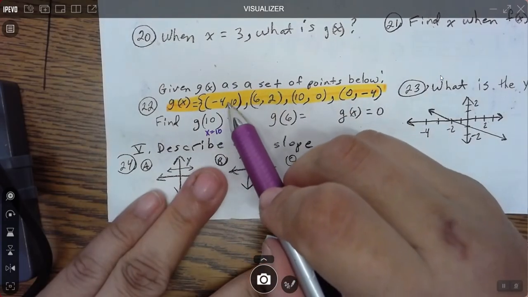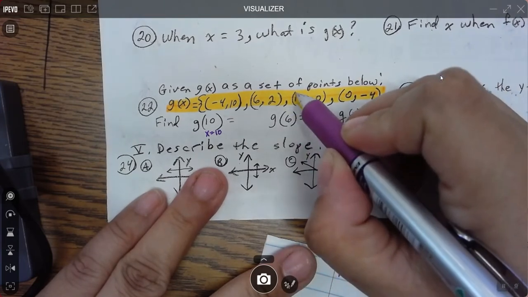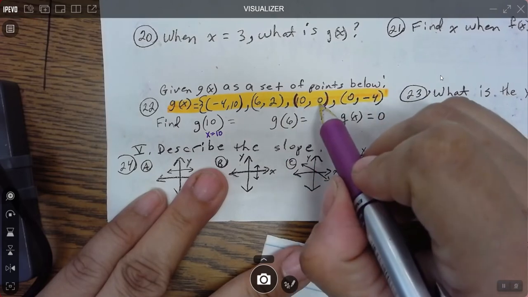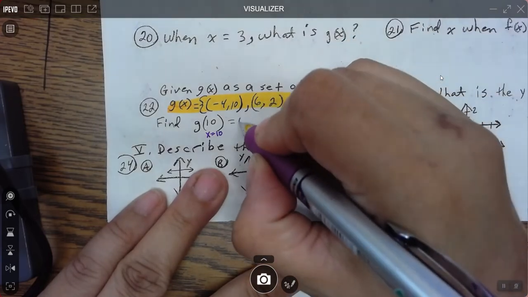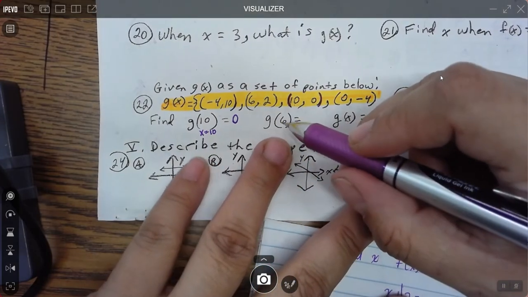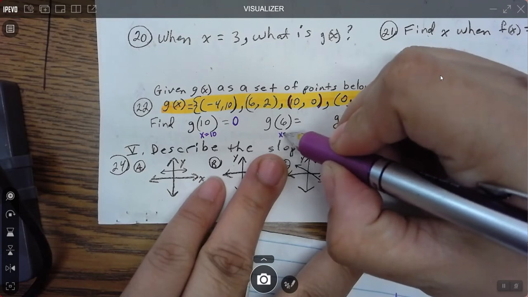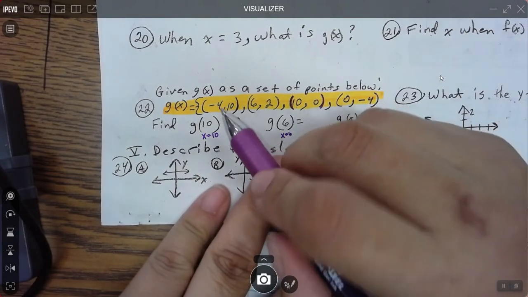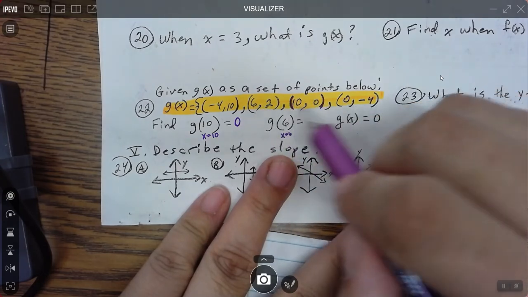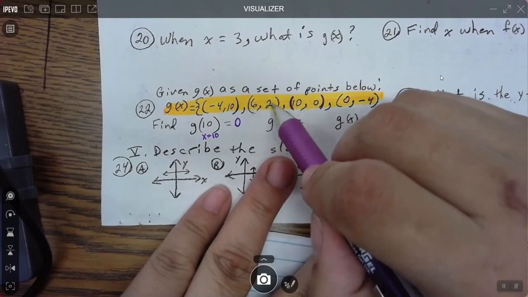So which of these points have an x value of 10? So it's going to be this one right here. See? When x is 10, the function is 0. This one says g of 6. The 6 is inside the parentheses, so that means that x equals 6. So now you go to the points. Which of these points has an x value of 6? This one. When x is 6, the function is 2.